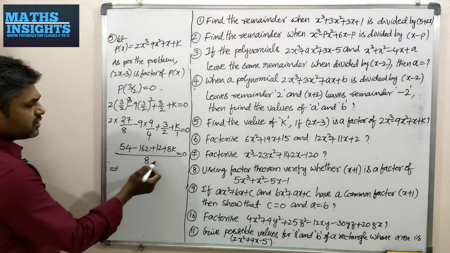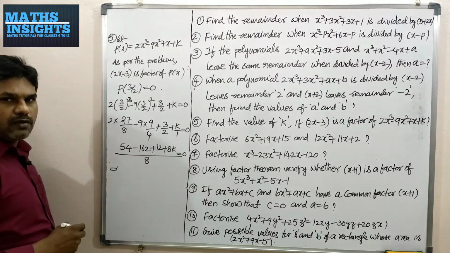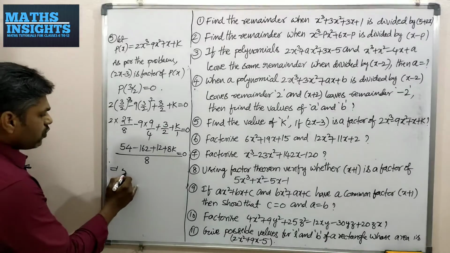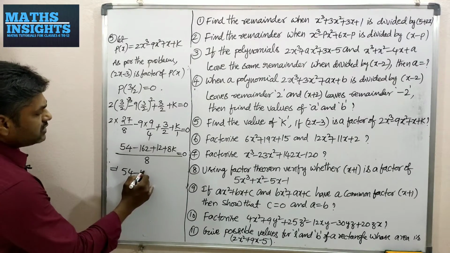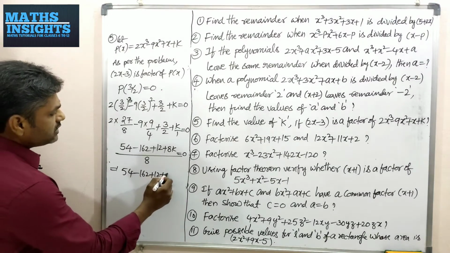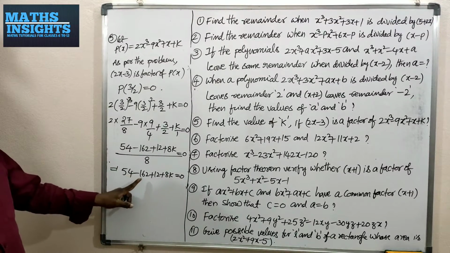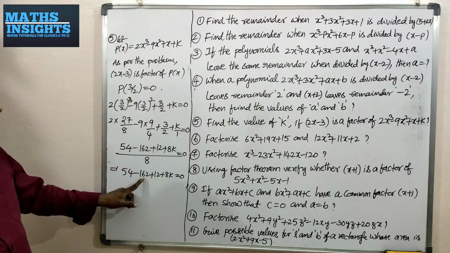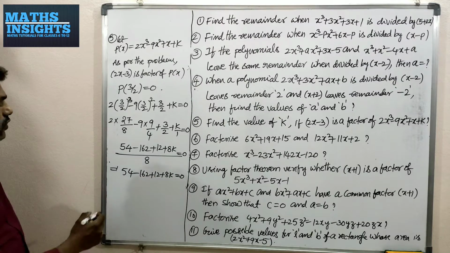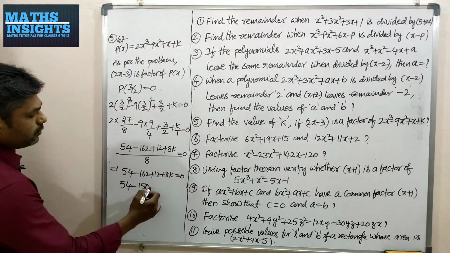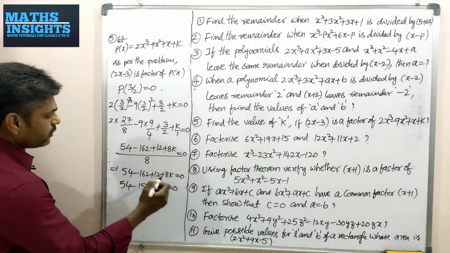And cross multiplication, 8 into 0 will become 0. Therefore, 54 minus 162 plus 12 plus 8k is equal to 0. See, in this case, you have to add this plus 12 to minus 162. Therefore, 54 minus 150 plus 8k is equal to 0.